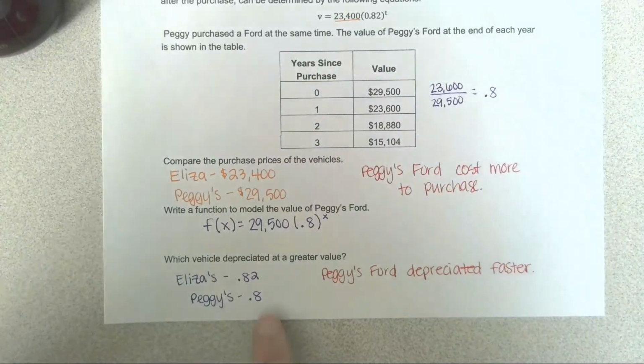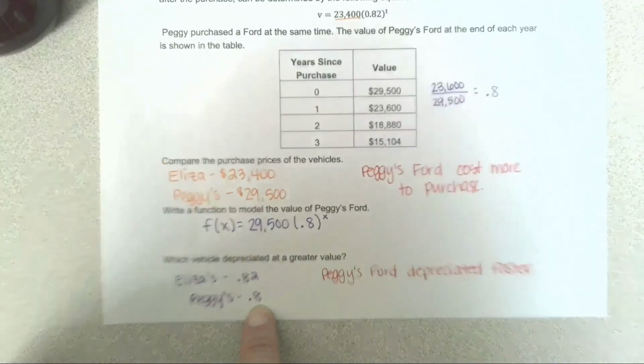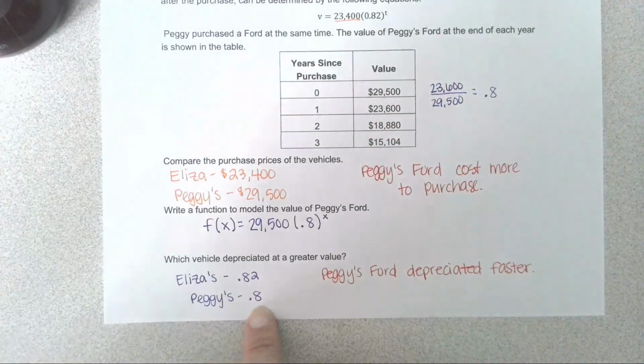And that's because her decimal is further away from 1, or that her percent is further away from 100.